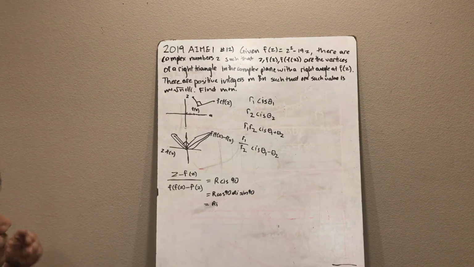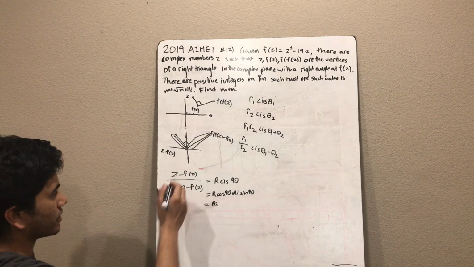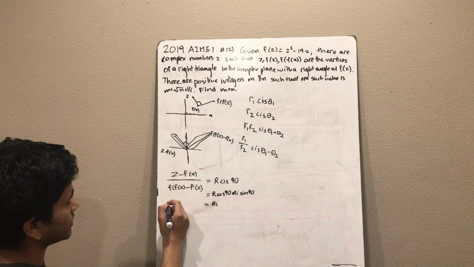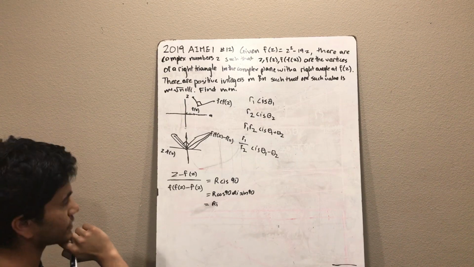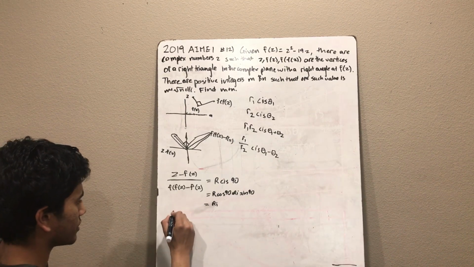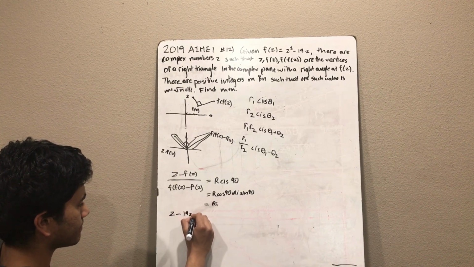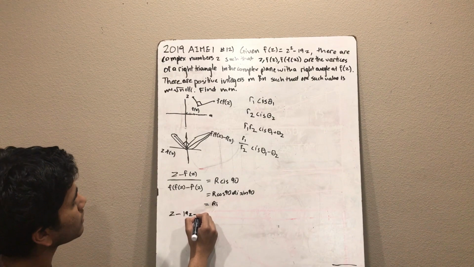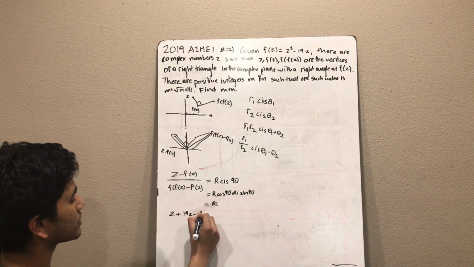So now that we know this, let's play around with some of the algebra. The numerator is z minus f of z, and the denominator is f of z minus f of z. So we know z minus f of z is z minus, no, it's plus 19z minus z squared.